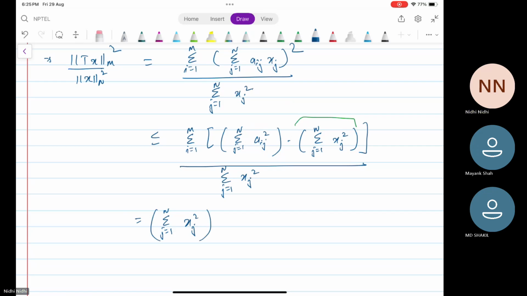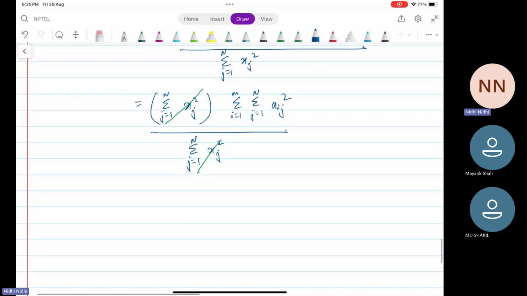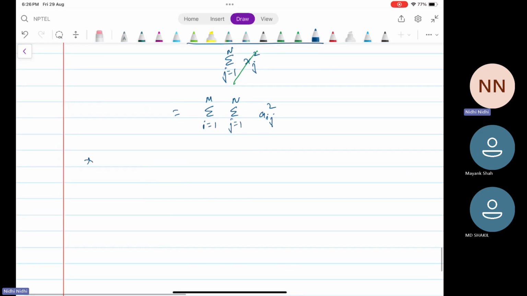These two will get cancelled out. So we are left with summation i from 1 to m, j from 1 to n, aij squared. Taking the square root on both sides, we get norm Tx upon norm x is less than or equal to summation i from 1 to m, j from 1 to n, aij squared, to the power 1 by 2.